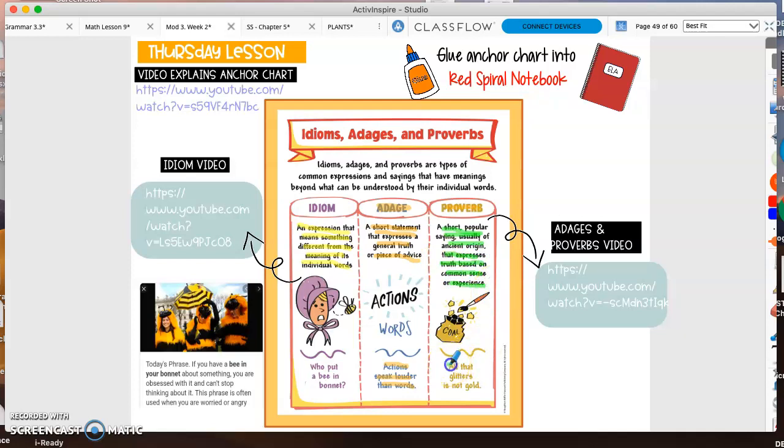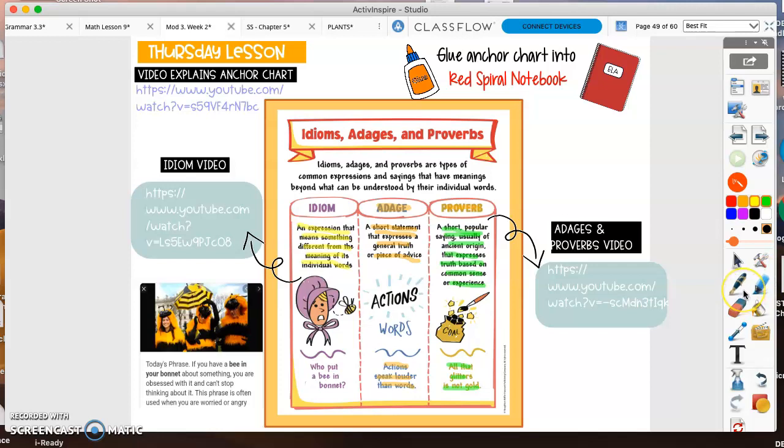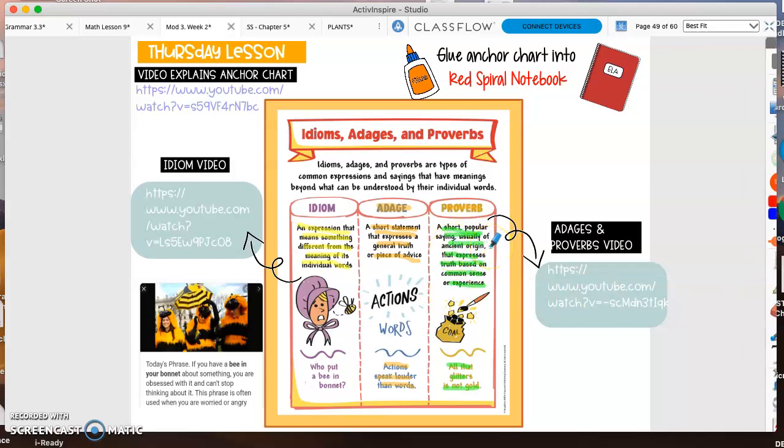And an example is, all that glitters is not gold. Okay, that means everything that's shiny is not always fancy, or it's not always good. So it's something that comes from an ancient origin that expresses truth.